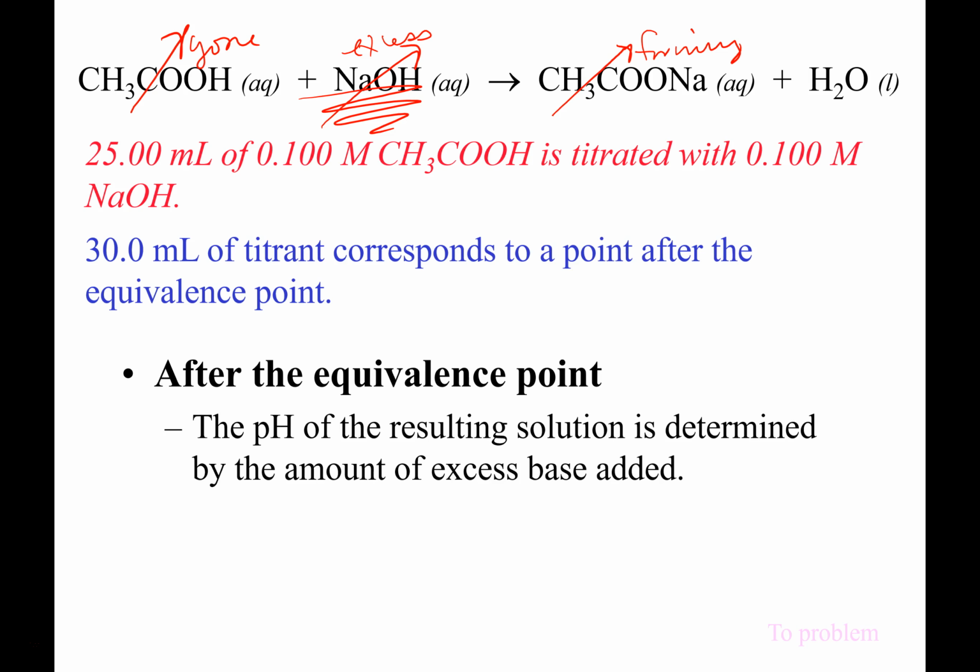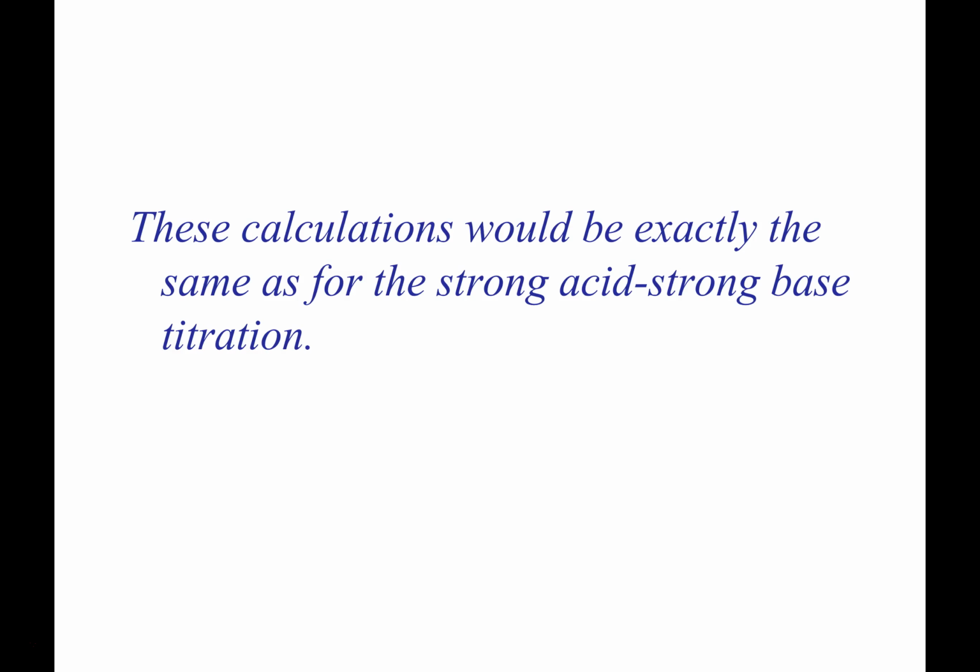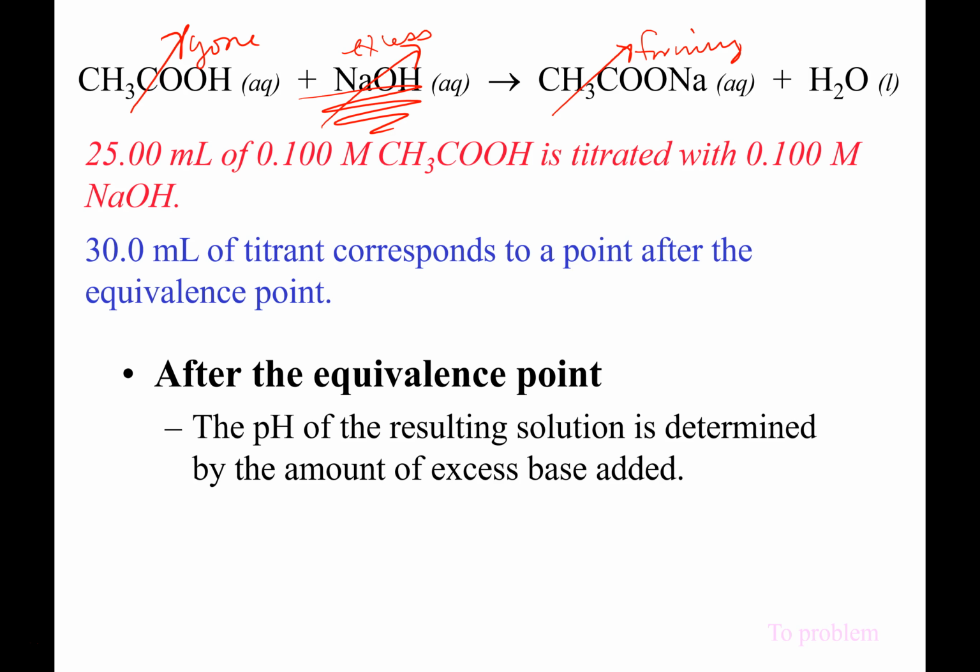After the equivalence point, you have excess base added. If you want to go back to the HCl NaOH calculation, that's this. You'd have the same chemistry going on there at 30 mL of titrant as we do here. So I don't do it for you here.